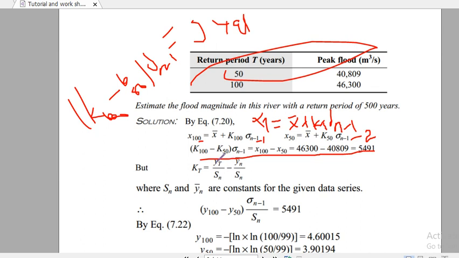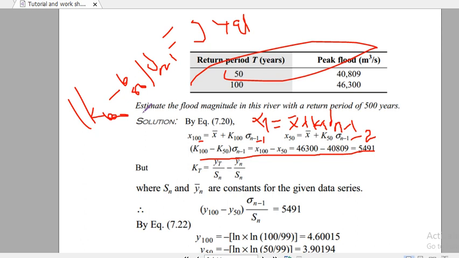Y_T varies with the return period. When return periods change, it also changes. But s_n and y_n are constant. They only depend on the number of data in the series. So y at return period 100 minus y50 is equal to delta n over s_n.